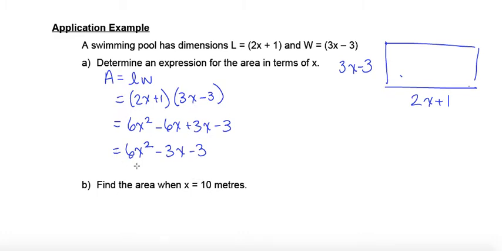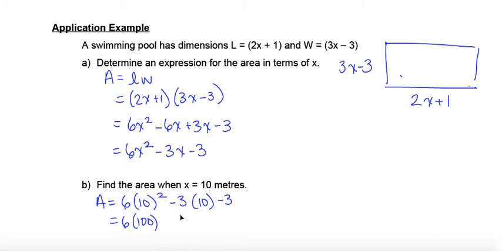Well, I'm going to use my simplified expression, and I'm going to substitute the value of 10 in for each of those x's. So the area is going to be 6 times 10 squared minus 3 times 10, take away 3. I'm going to follow BEDMAS. 6 times 10 squared, which is 100, so 10 times 10.